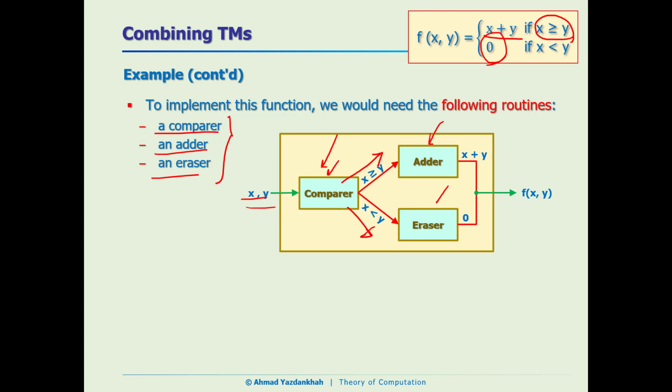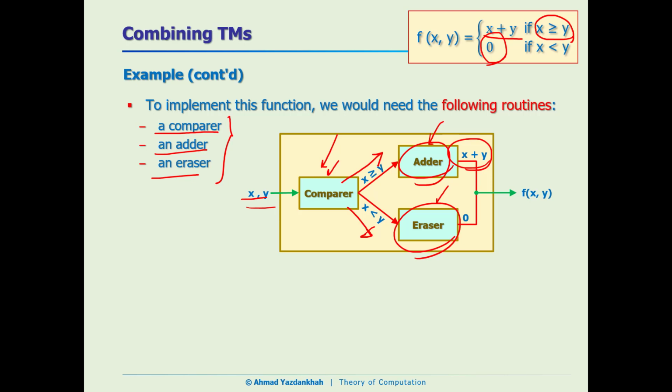And these are simple Turing machines as well. The adder's job is just to add and move the cursor to the right place. And the eraser's job is just to move the cursor to a 0 and show the right output.